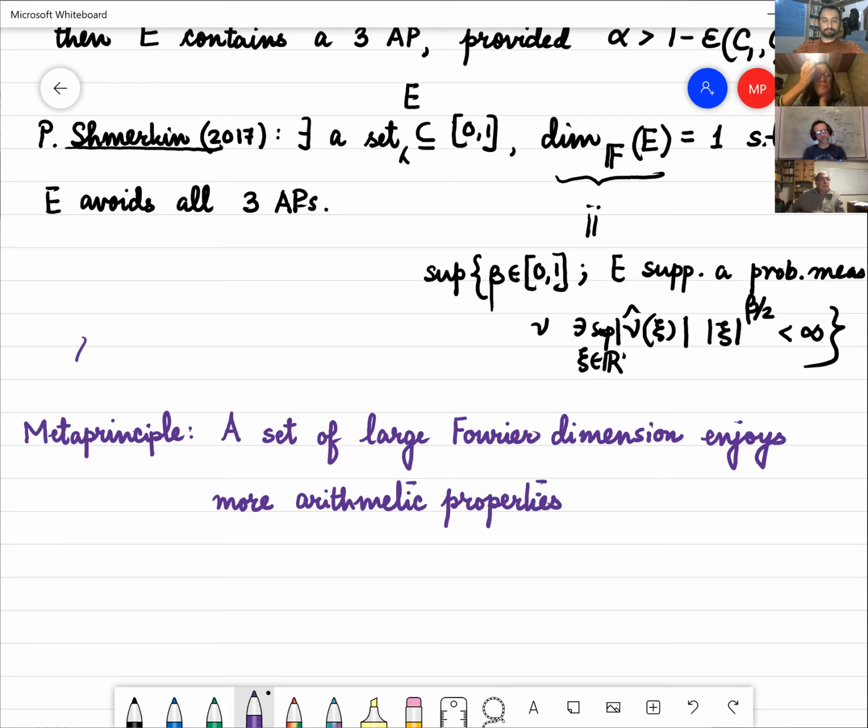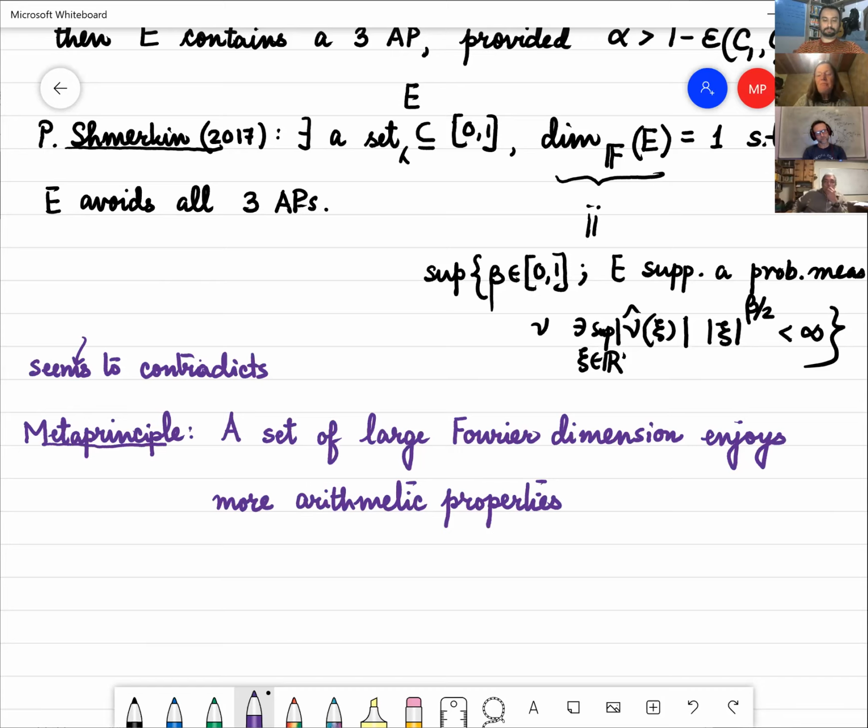And this seems to contradict this. Certainly, where identification of three APs go, there doesn't seem to be any perceptible difference between Hausdorff dimension and Fourier dimension.